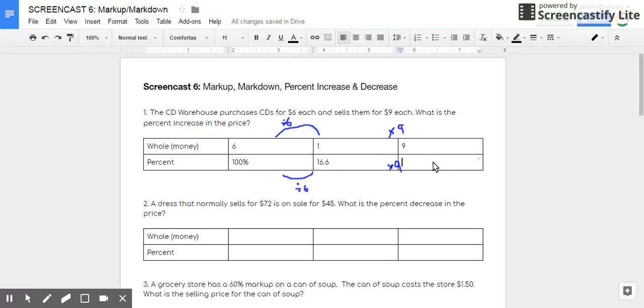So 16.6 repeating times 9 will give us 150%. So now going back to the question, it says, what is the percent increase in the price? So if the $6 represents 100%, $9 represents 150%. So the percent increase from 100 to 150 is going to be a 50% increase.